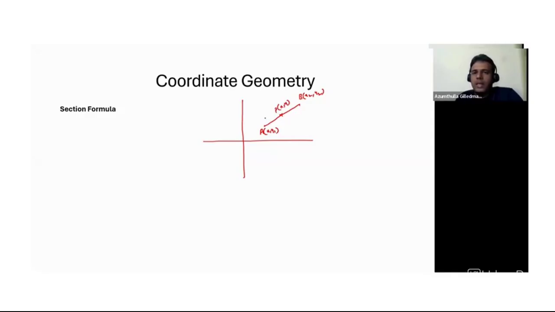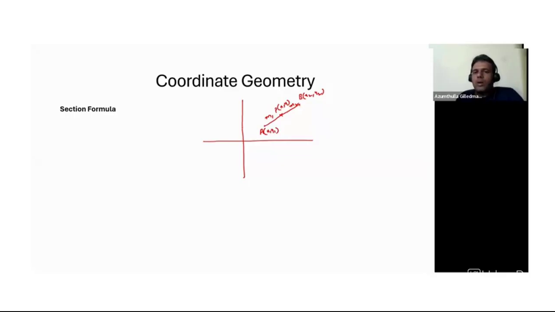Now let's say AP is M1 and PB is M2. There it was 1:2, right? In the earlier case it was 1:2. Now we are assuming that as M1 and M2. Means PA by PB is M1 by M2.